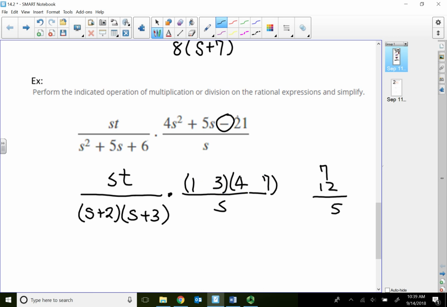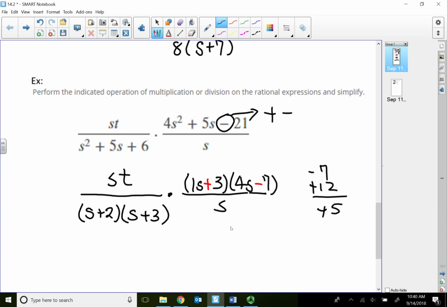So when the last sign is a negative sign, that means the signs in the parentheses got to be one positive, one negative. To end up with a positive 5 in the middle, I got to have a positive 12 and a negative 7. So my outer needs to be 1 times negative 7, so the other one got to be positive. All right, s and s.